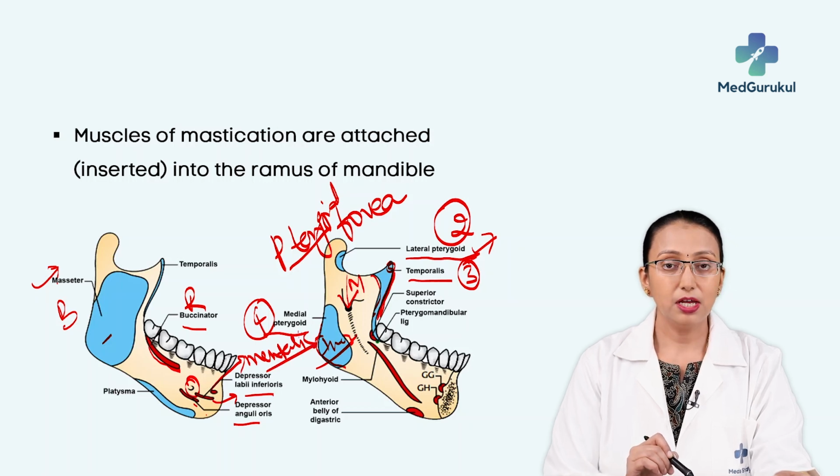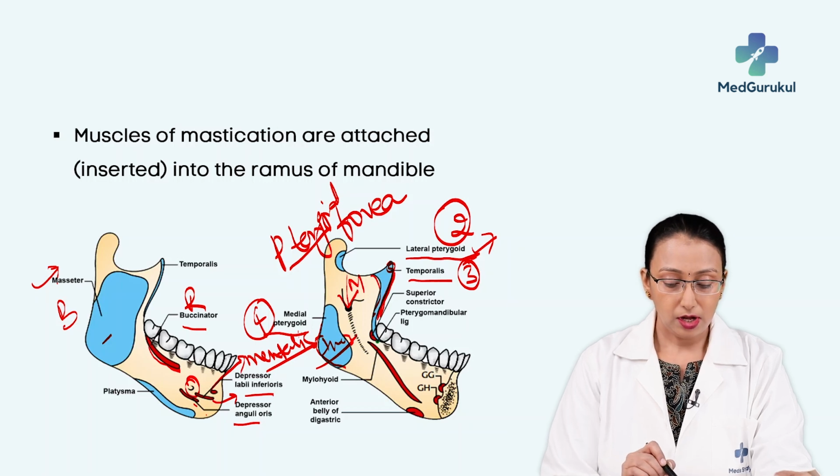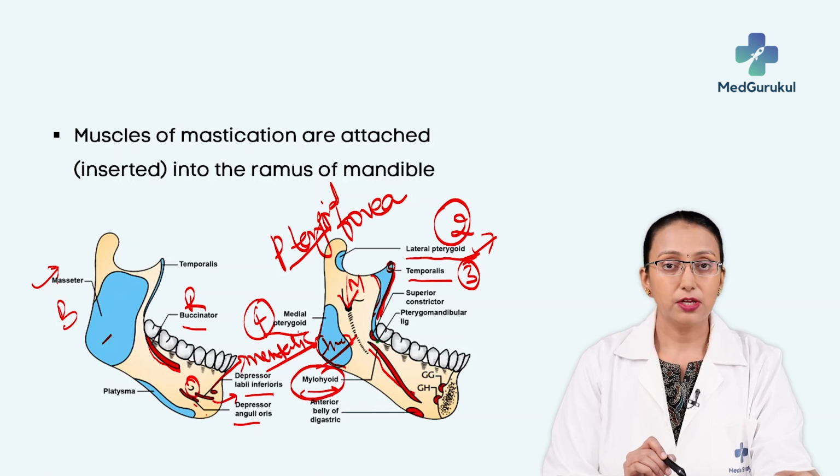These are the muscles of facial expression. Along the inner surface we can make out the mylohyoid line giving origin to the mylohyoid muscle. This is also called the diaphragma oris. It separates the oral cavity from the chin, forming the diaphragma oris.